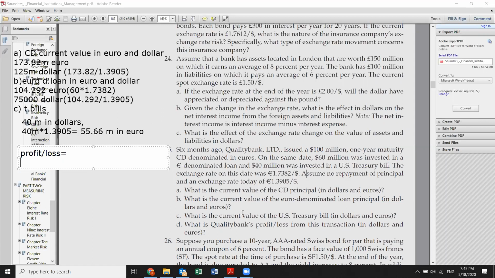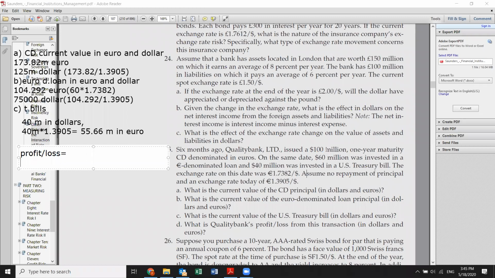I'll keep this for 1-2 minutes and then I'll let you go, guys. Just give me an idea how to calculate the profit and loss. Here, you invested $100 million in a liability, an issued certificate of deposit for $100 million with 1 year maturity, a CD denominated in euros.